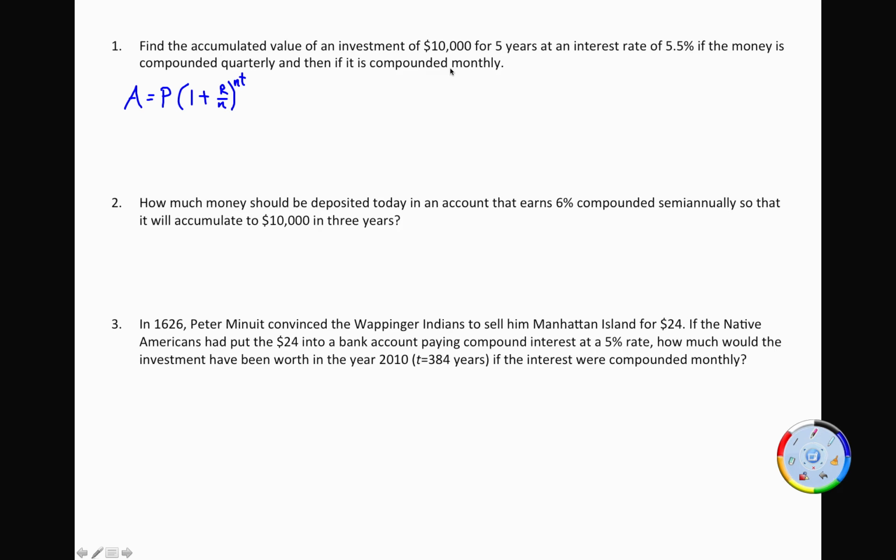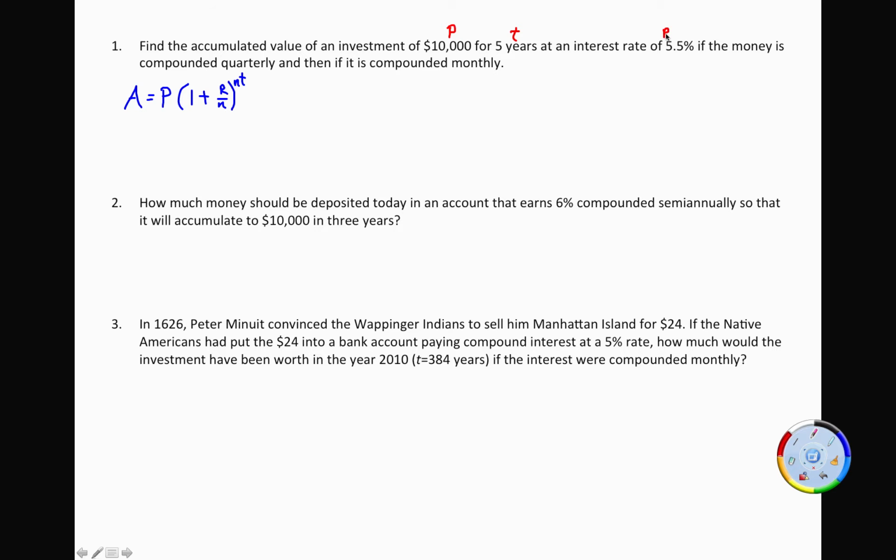compounded monthly. Okay, and I have the accumulated value of an investment of $10,000. So this is my principal, what I'm going to start the investment with. 5 years, that's obviously my time, and it's already in years, so I'm good with that.